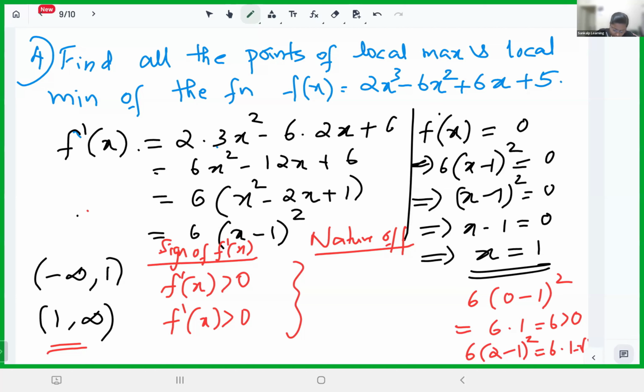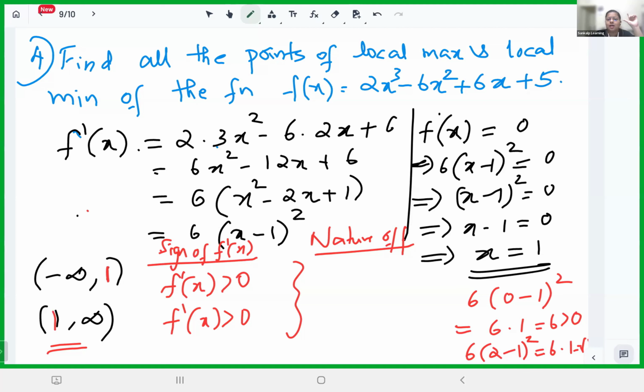1 is a critical point of the function, isn't it? So we know that local maxima or local minima can occur at the critical points, right? But when you consider the first derivative test, if you take points near to 1, if the sign of f dash of x is different on both sides, then we can say that it has a local maxima or local minima.